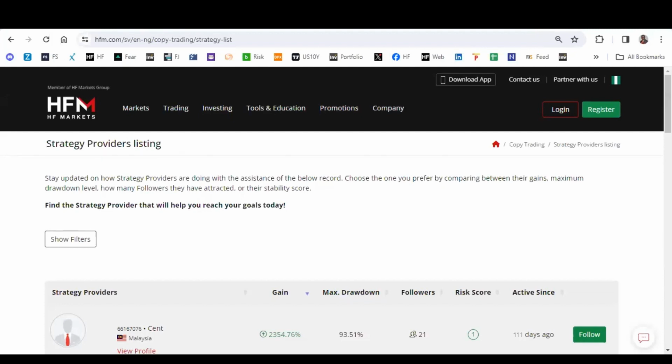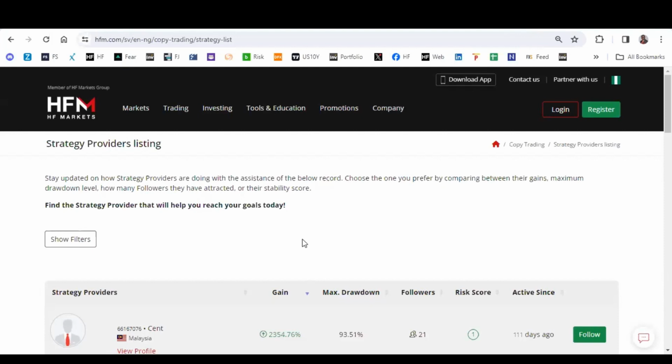How do I know if the strategy provider is an aggressive trader or not? I was a victim of that when I opened the Pamm account. When people have very high profits in a very short space of time, that is a clear indication of aggressive trading. Not everybody can be aggressive, but that is a clear indication. Those making a high turnover in a short space of time are obviously taking higher risk, and as a follower you need to be aware of that.